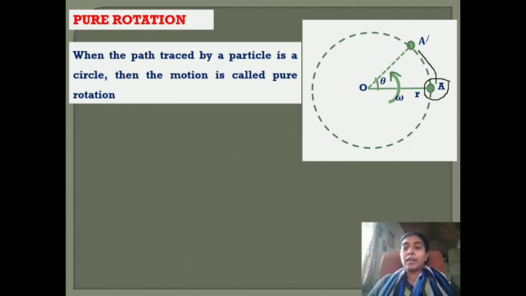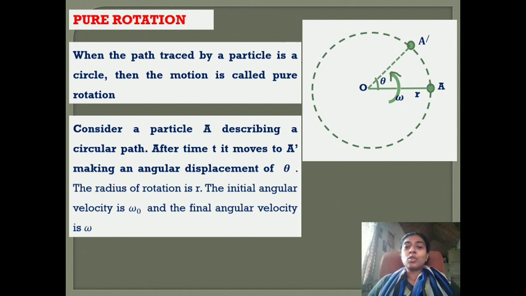So the particle A is having a circular path, and after time t, this particle A is moving from A to A dash in a circular path, making an angular displacement of theta with respect to the center of rotation.